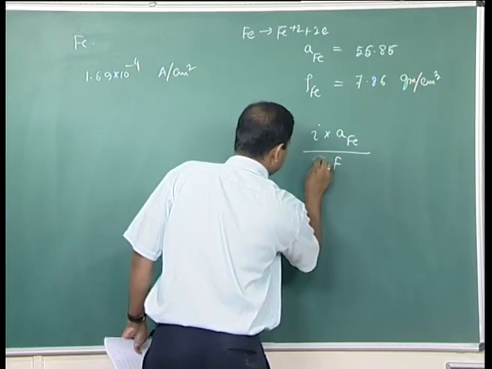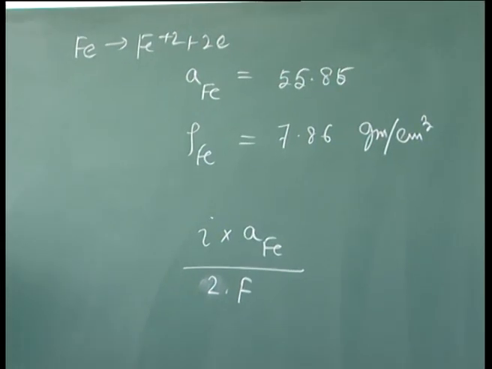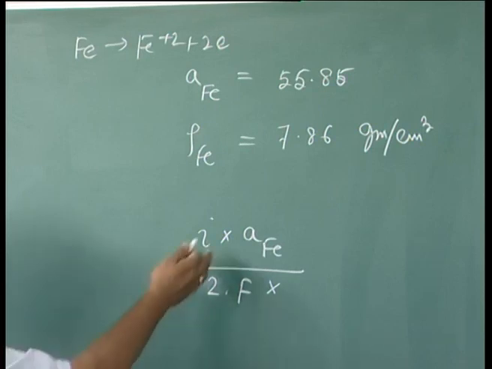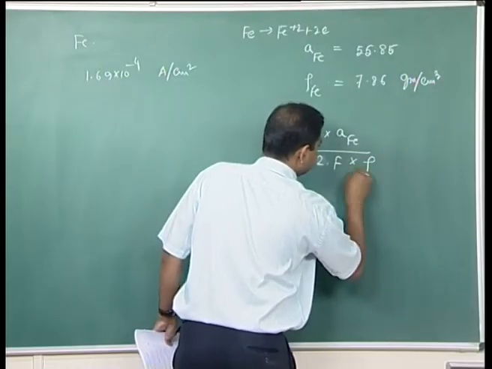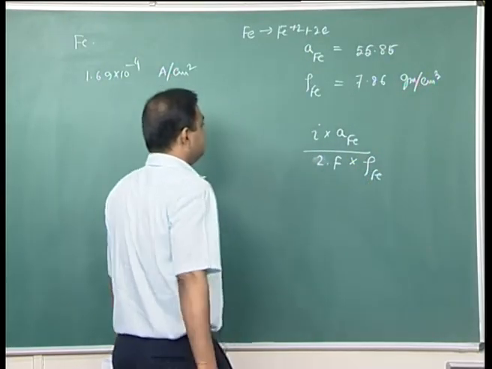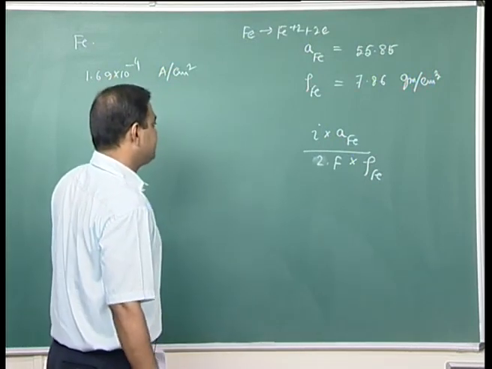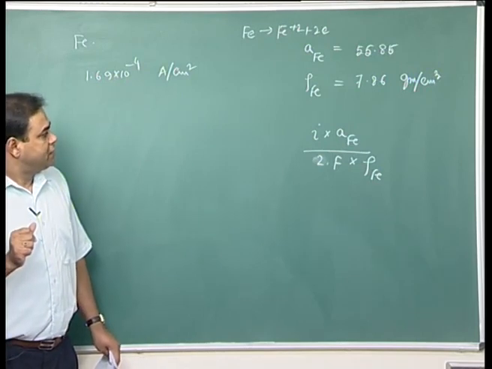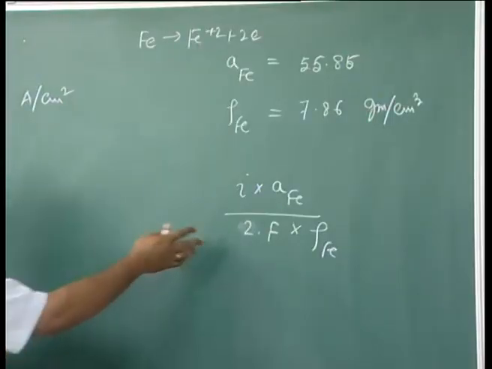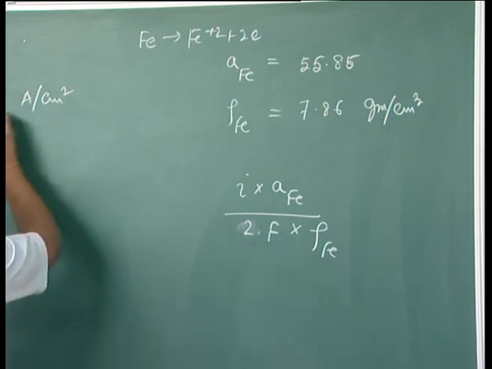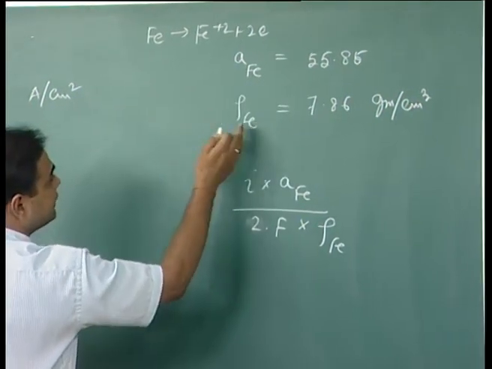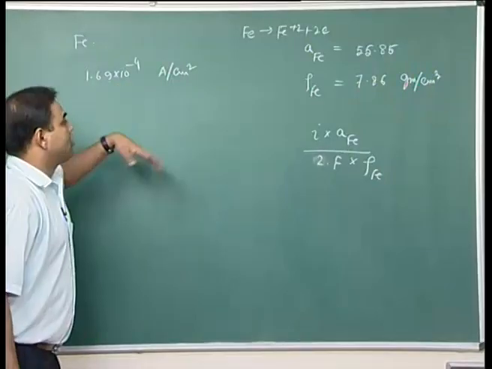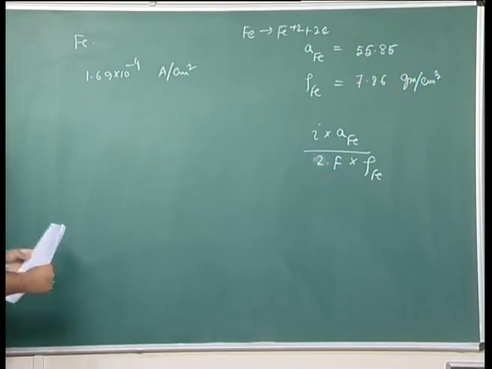Let me replace n with 2. F is 1 Faraday, and then we have to divide this term by the density rho of iron. Then we will get the unit length by time. Now, let us put all those values of atomic weight, density of iron and the current density, and then convert it into MPY unit.